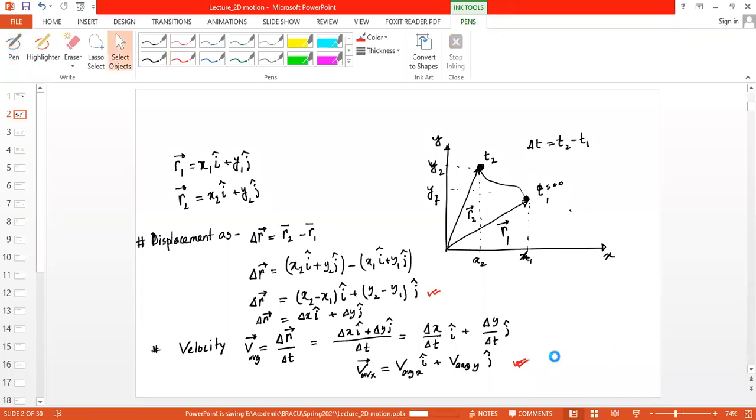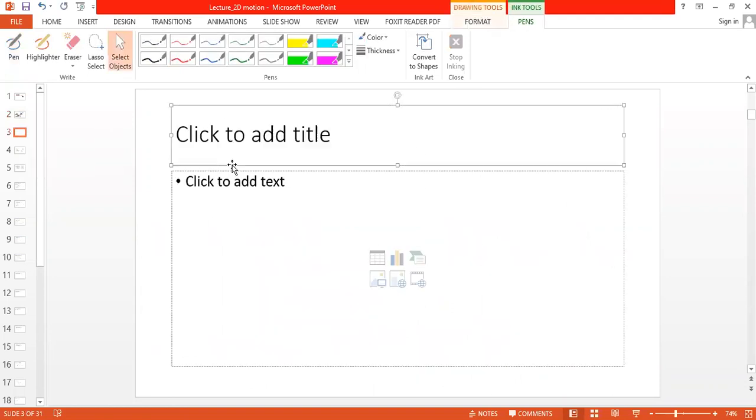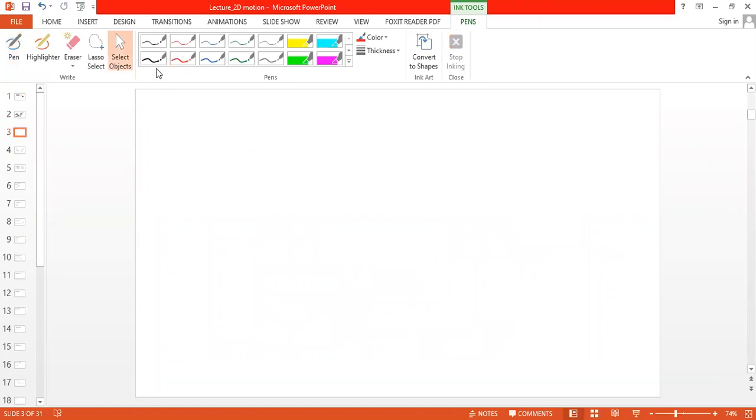And actually, we know there exist 2 types of velocity. One is average velocity, and the next one is instantaneous velocity. Let's see how to find the instantaneous velocity.